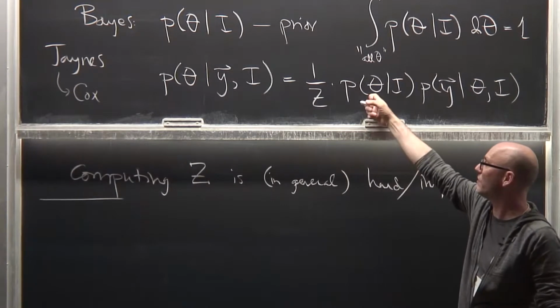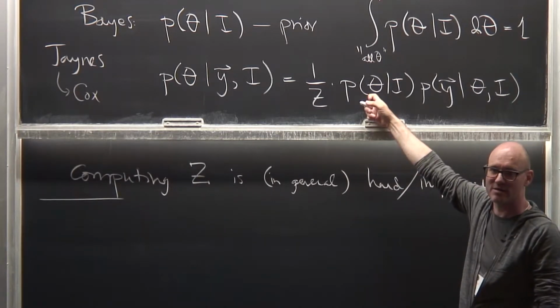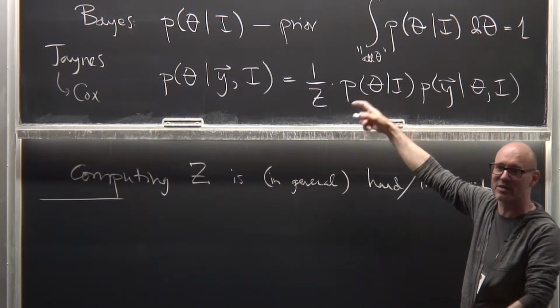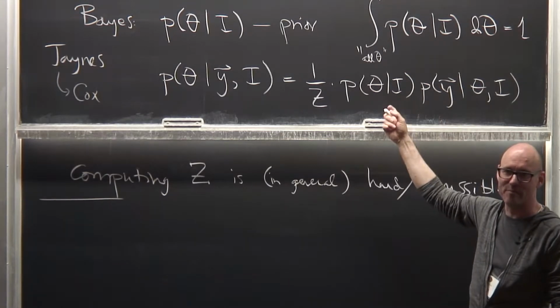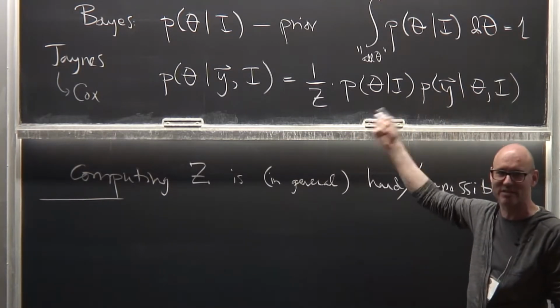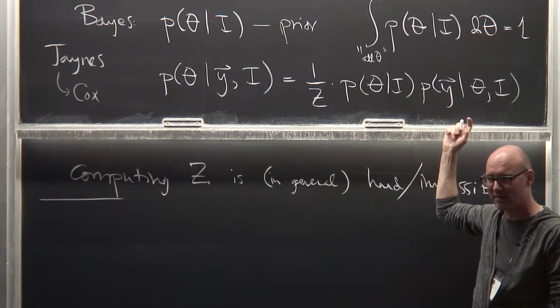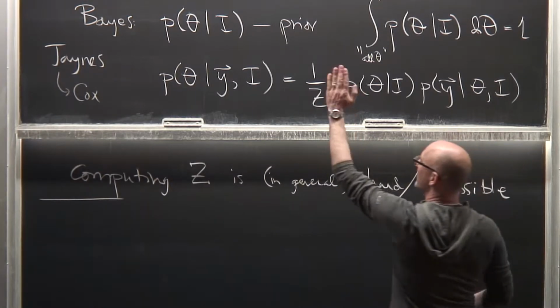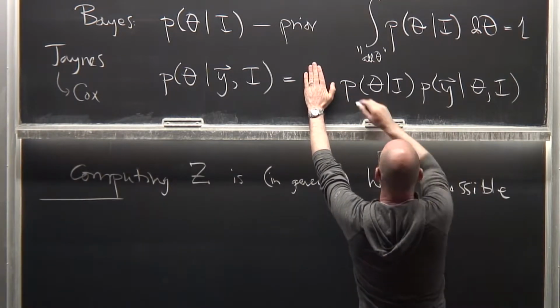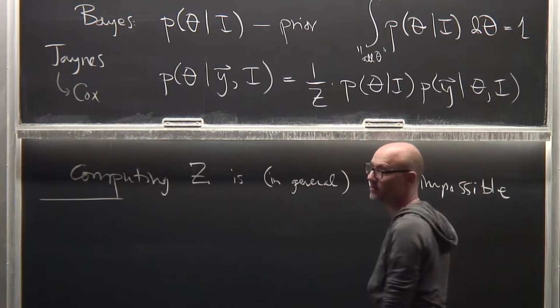All I need is a callable function that is proportional to this. Meaning, as I move around in theta, I'll get bigger and smaller values of this, but I don't actually need this function to integrate correctly. Another way to say it is I don't need to know Z. I could just put this product in.